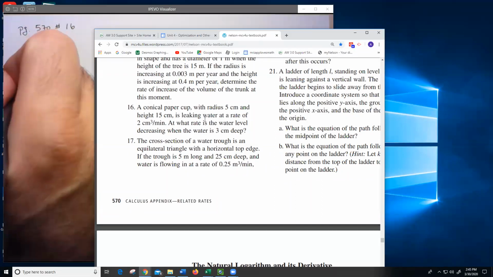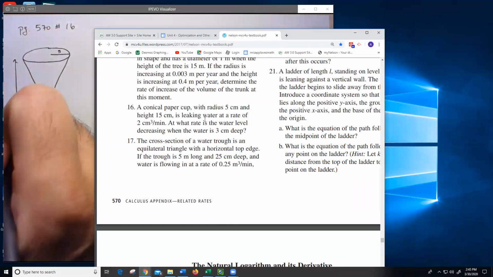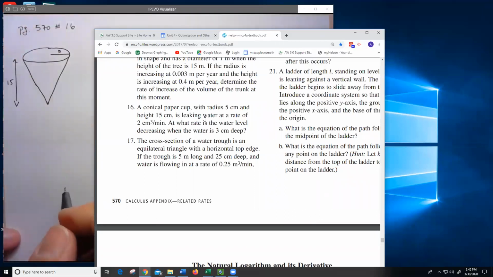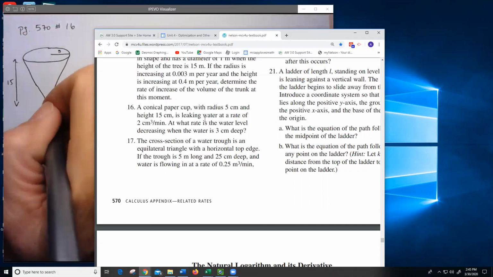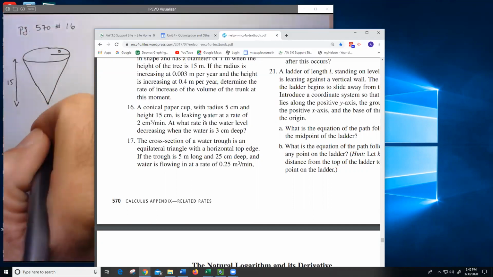And then the height is, what is it? Height is 15. Okay. So those things are constant because the paper cup is the paper cup. It's not going to change. But what's happening here is water is leaking out of the paper cup at 2 cubic centimeters per minute.